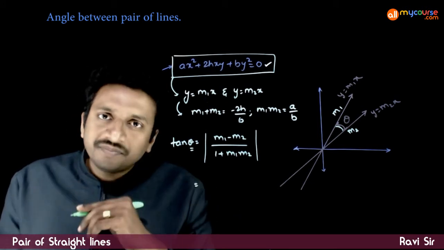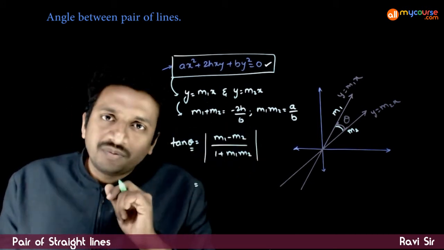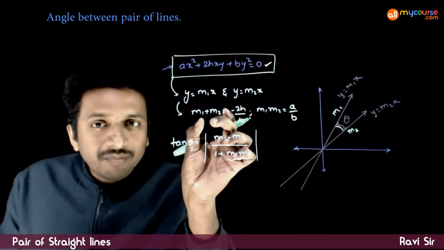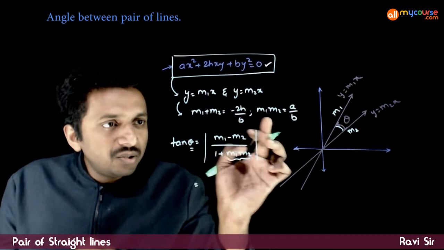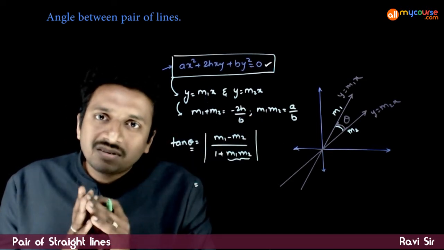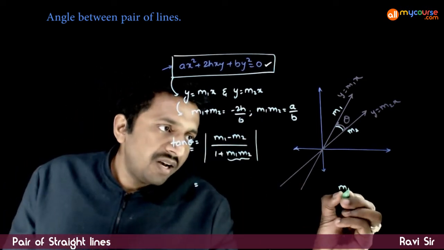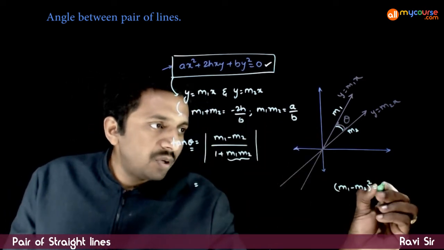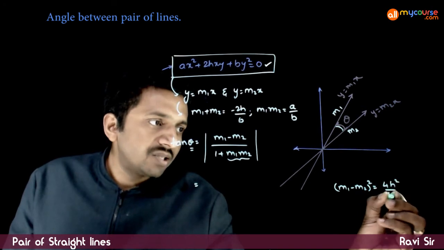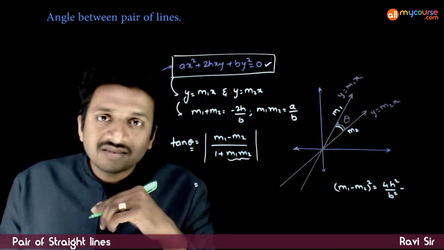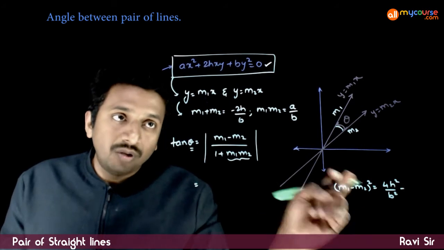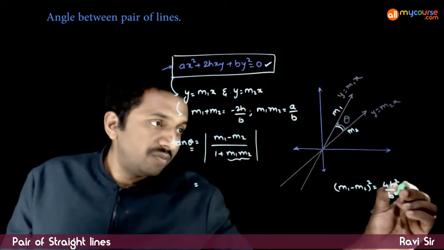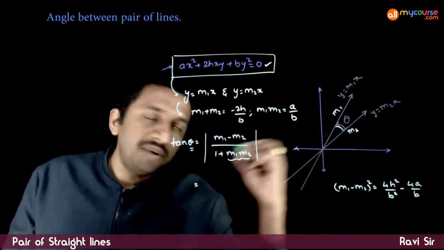So what is m1 minus m2? You know what m1 m2 is. You know what m1 plus m2 is. So from these two, can you find what m1 minus m2 is? m1 minus m2 whole square is equal to m1 plus m2 whole square minus 4m1 m2, which is 4h square by b square minus 4a by b.